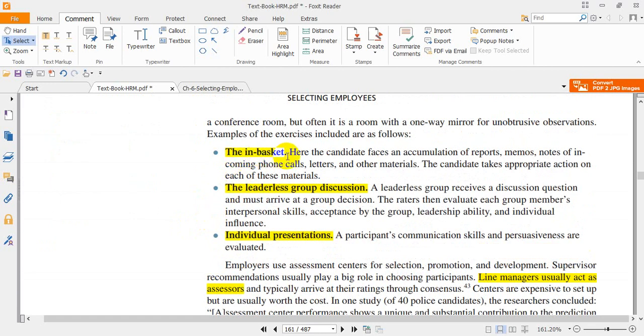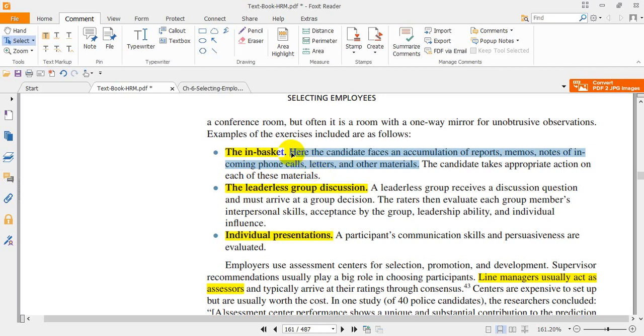The in-basket, the leaderless group discussion, and individual presentations. The in-basket: here the candidate faces an accumulation of reports, memos, notes, or incoming phone calls, letters, and other materials. The candidate takes appropriate action on each of these materials.